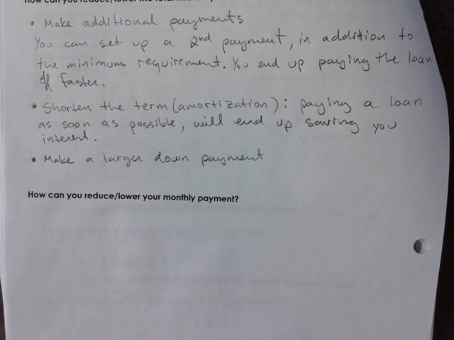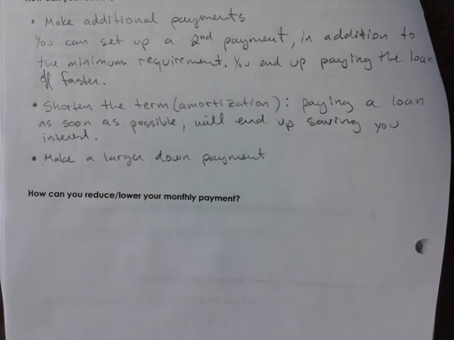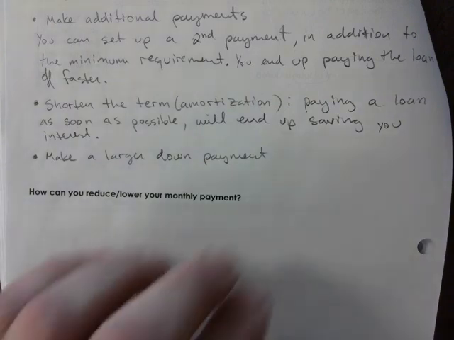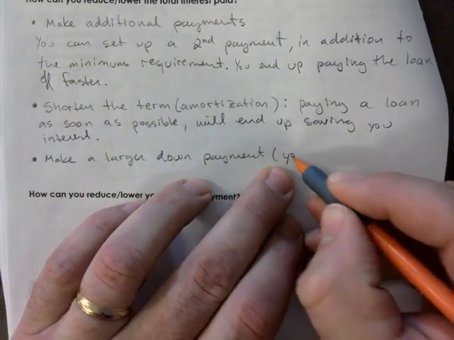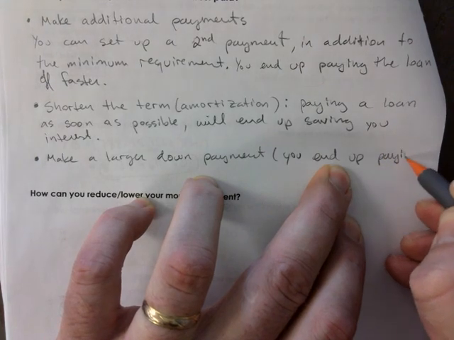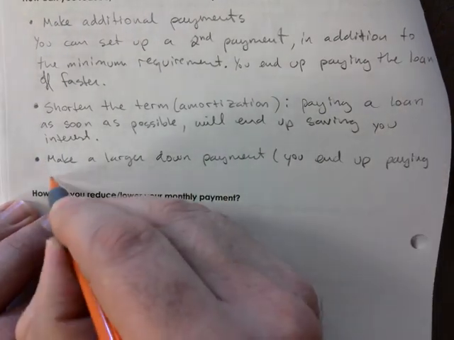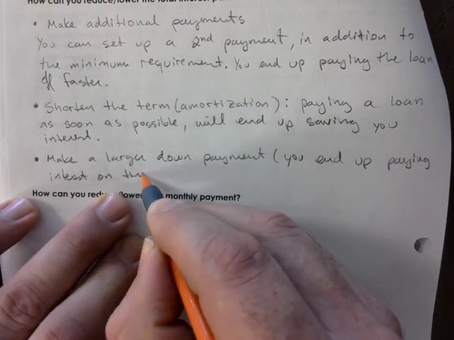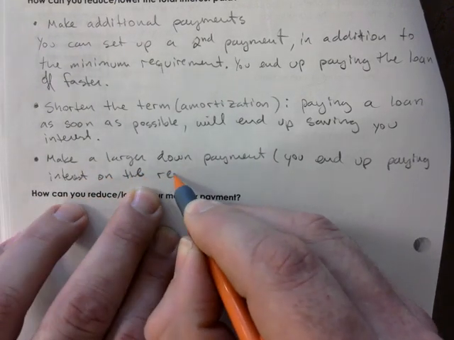Do you notice that every single one of these allows you to pay it off faster? Every single one of these, technically, if you zoom in to the main reason, is you're paying it off faster. You end up paying interest on the remaining amount.